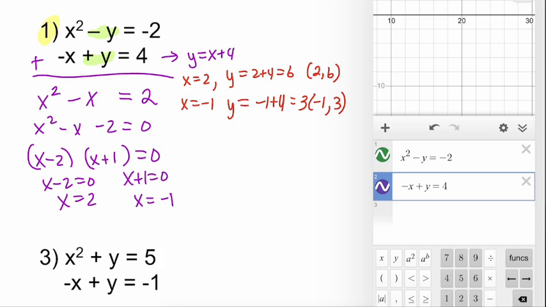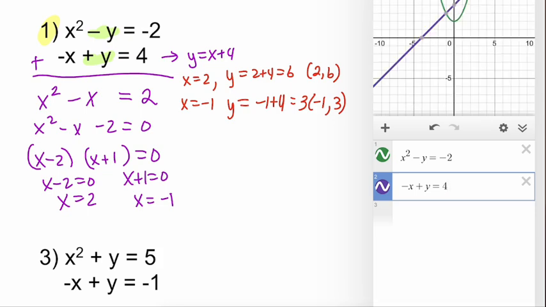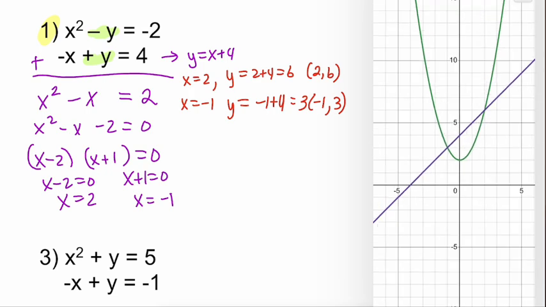So, although you can't do this on the test, if I was doing my homework at home and I wanted to make sure that I got the correct answer, you can see that we do indeed have 2 points of intersection, one at negative 1, 3, and the other at 2, 6. Okay, so your algebra and your graphical interpretation should always link up, or you did something wrong somewhere along the way.